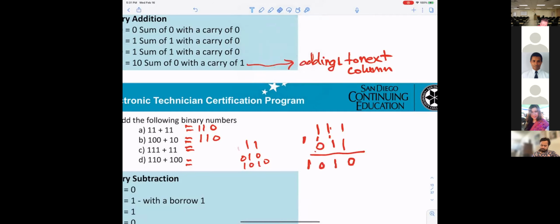Okay, if anything is confusing, let me know. Make sure you understand: carry 1 means adding 1 to the next column. Okay, 110, number D, it's also 1010.